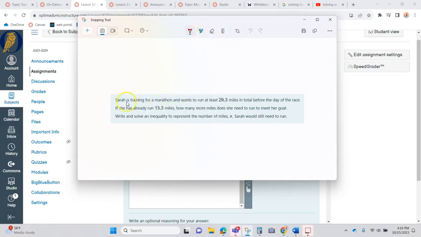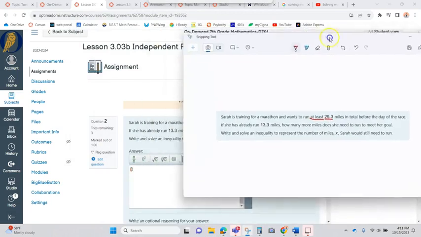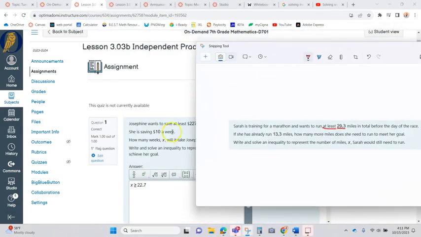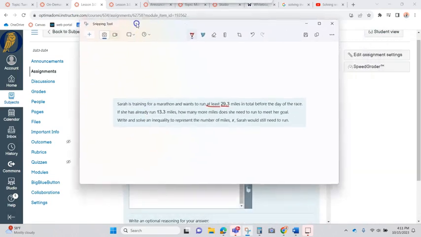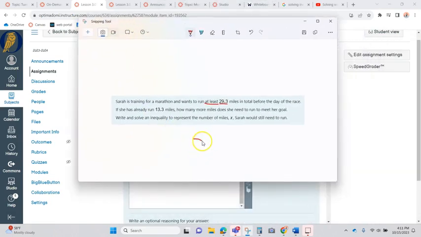So let's underline. Sarah is training for a marathon and wants to run at least 29.3. Oh my goodness, we just talked about the word at least, didn't we? In question 1, we talked about the word at least, and at least would be this sign.